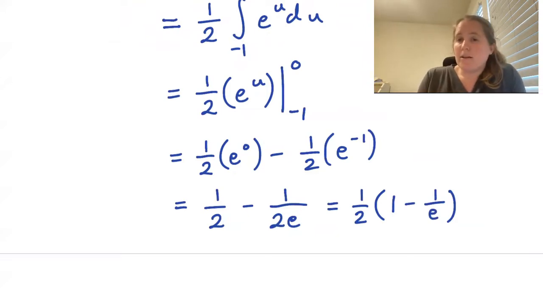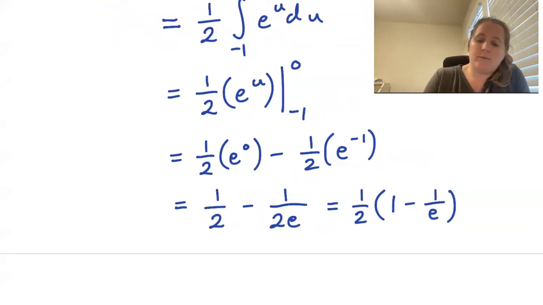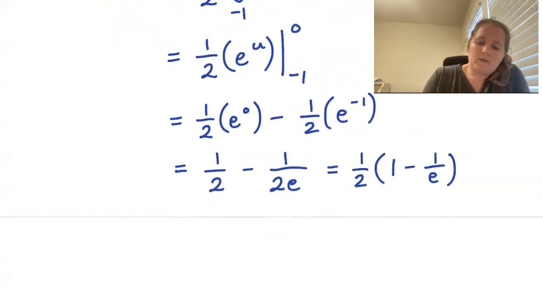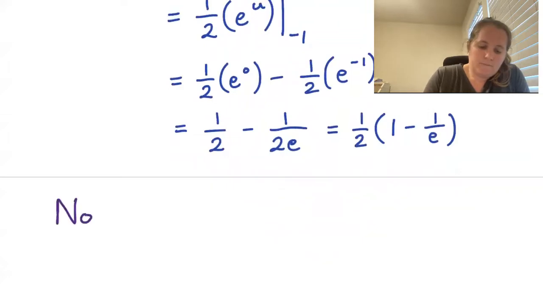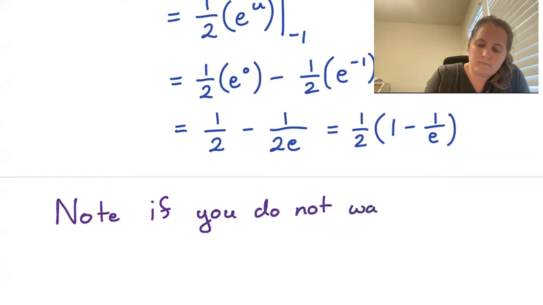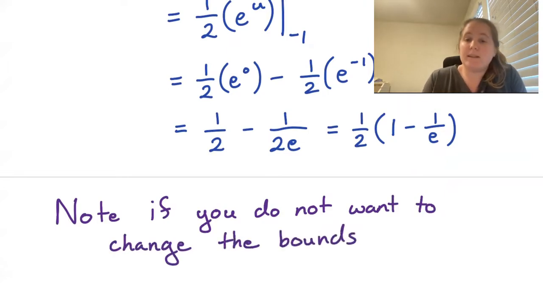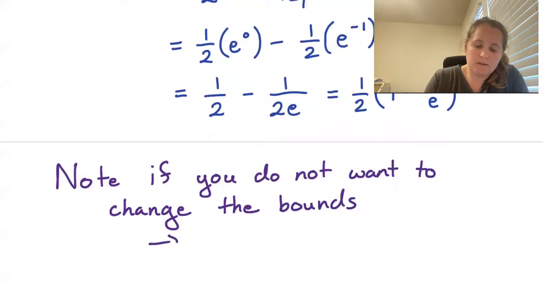I did make a comment that it is possible to do these problems without changing bounds. You just have to convert back to x at the end. So just a note, if you do not want to change the bounds, then we can convert back to x before you plug in.